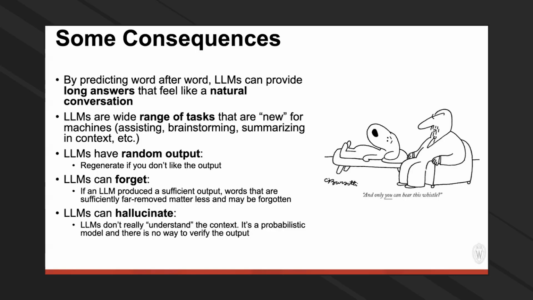And here are some consequences, right? So first of all, large language models have become really, really good at providing long answers that feel like a natural conversation. And we can use them now for a wide range of tasks, whether it's providing you specific guidance about a topic or summarizing things. But again, always remember that the output is random.